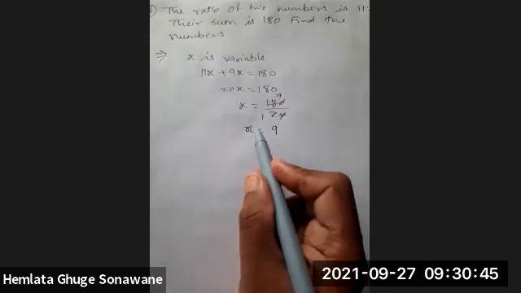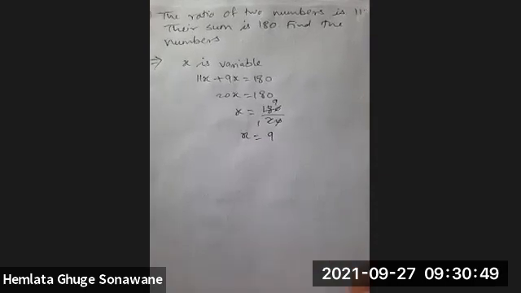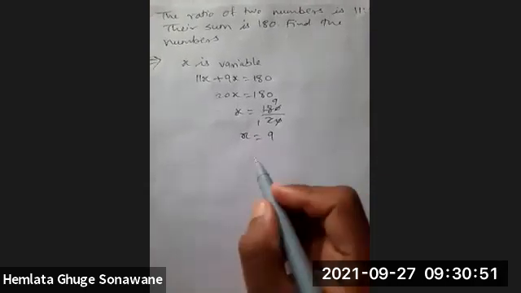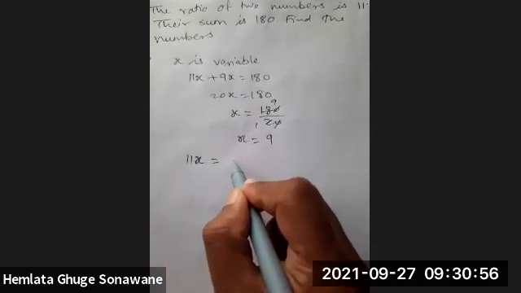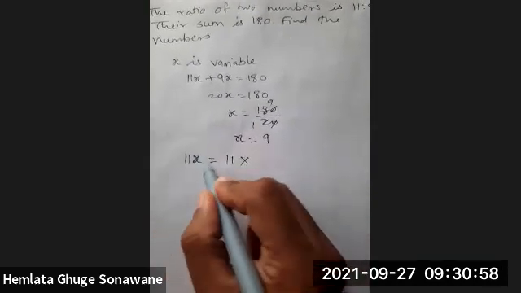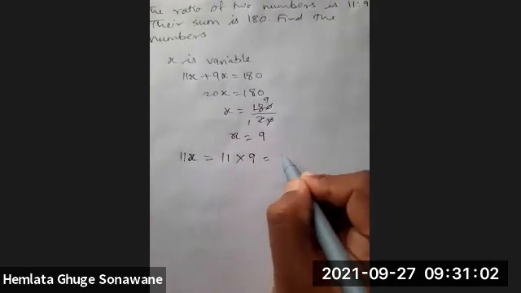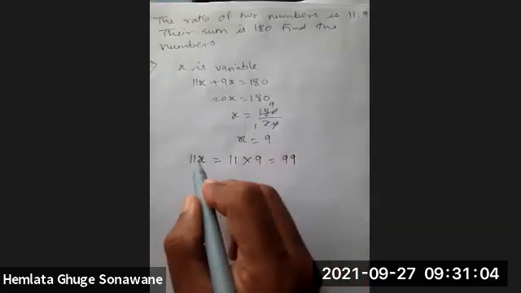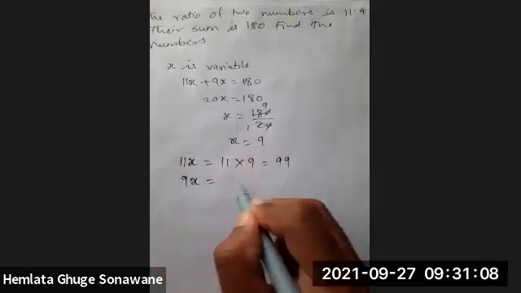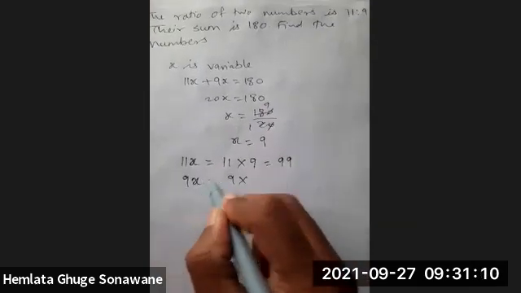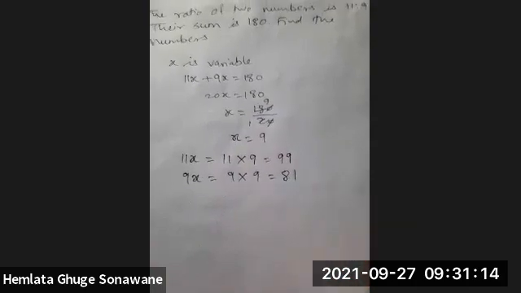Now let's put the value of x here. Yes, Suhani. Thank you. 11x is equal to 11 into the value of x, which is 9 we have got. So 11 nines are 99 and the next one is 9x. So 9x is equal to 9 into 9, that is 9 nines are 81.